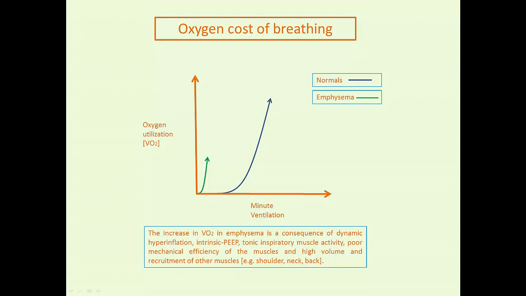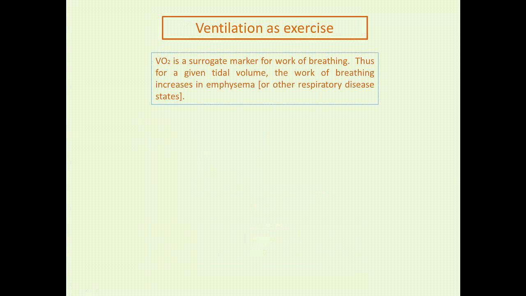There's tonic inspiratory activity, poor mechanical efficiency of the muscles, the diaphragms flatten out so you lose that nice curvature, and the efficiency of your diaphragmatic muscles is lost. You recruit other muscles, the latissimus dorsi, the strap muscles of the neck. All of these undergo increased work during inspiration to really drive up that VO2.